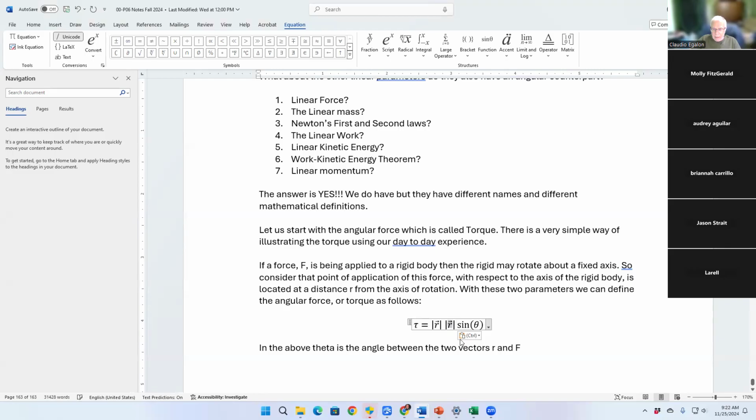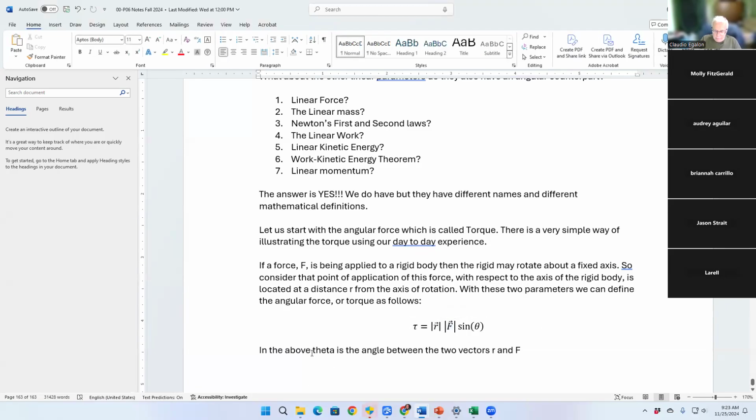And then here you go. In the above, theta is the angle between the two vectors R and F, right?